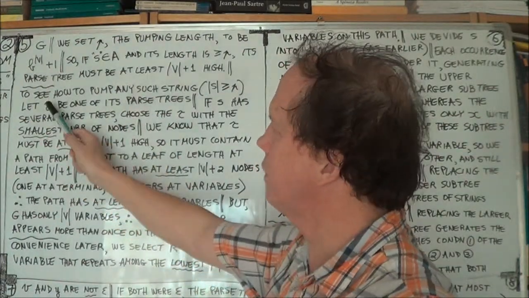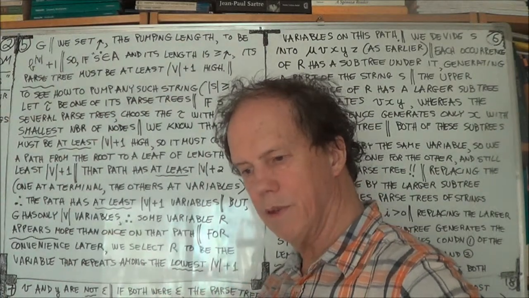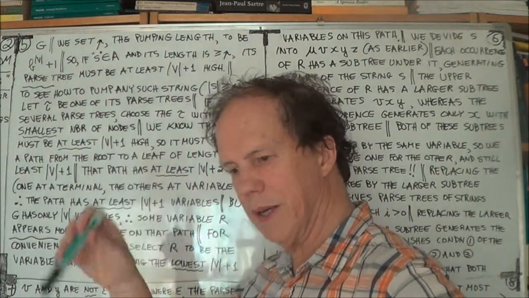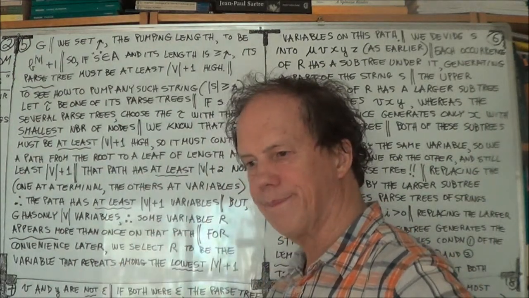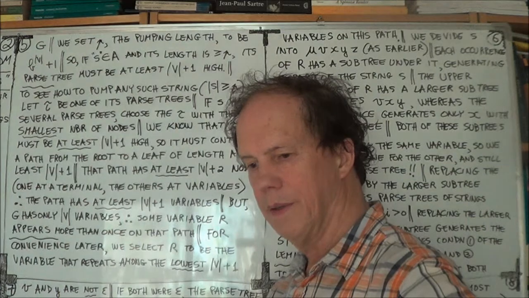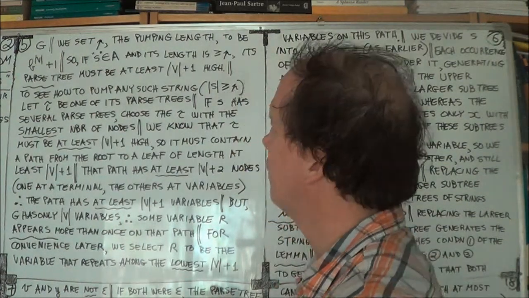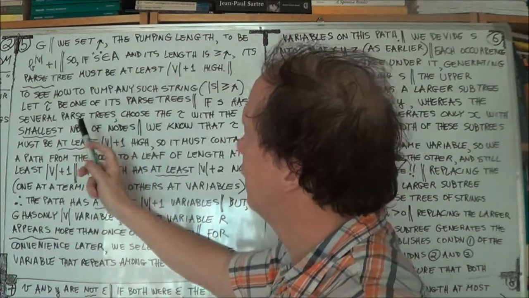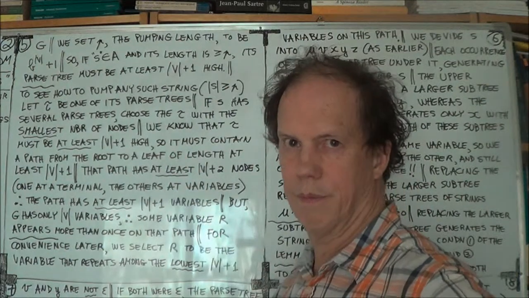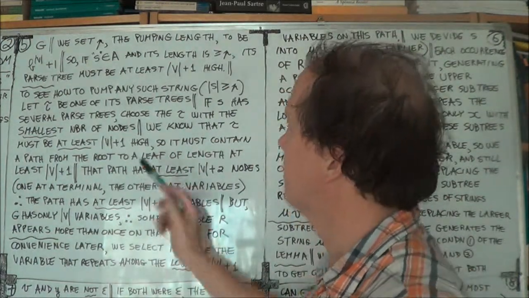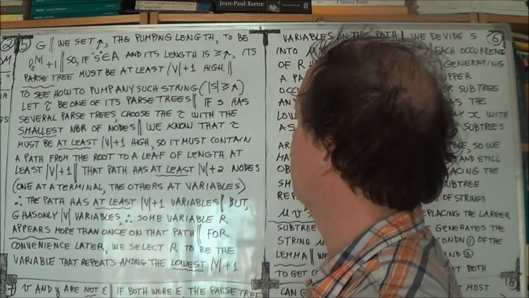If there are several parse trees for that string, you can go different ways, with different choices of the order in which you use your substitution rules. So choose the parse tree that has the smallest number of nodes. So tau is now our smallest parse tree.